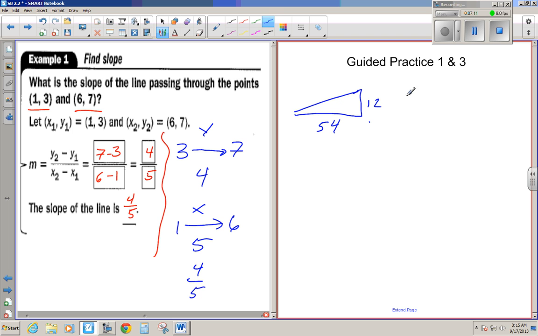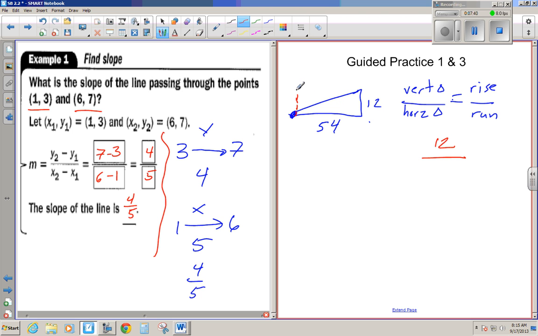So, slope is vertical change, or the rise, over the horizontal change, which is the run. If we started right here, and we needed to know what the rise was, you would say that the rise is 12.